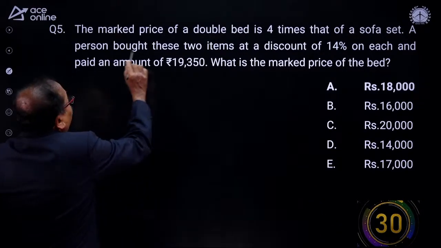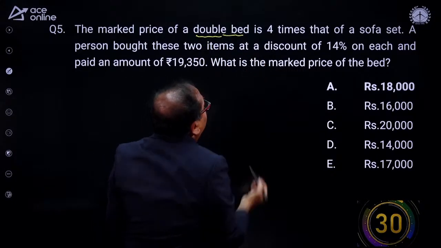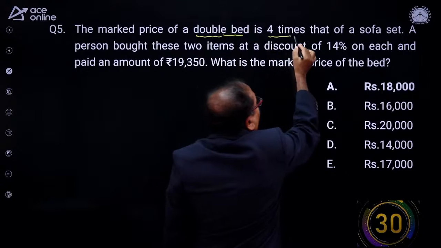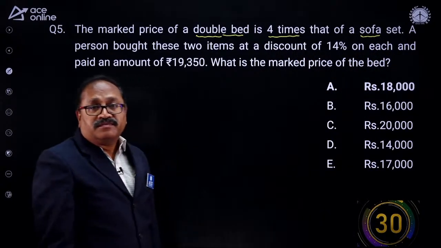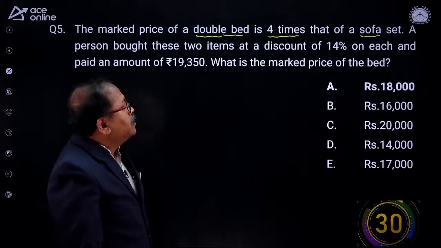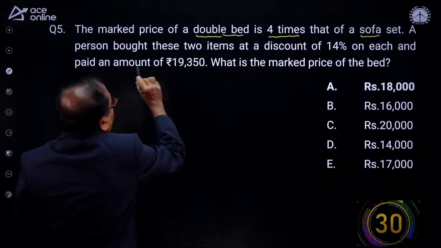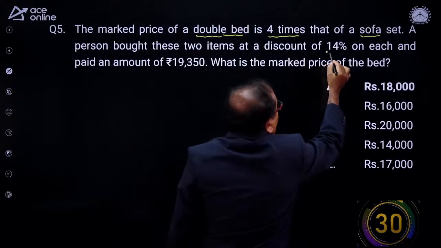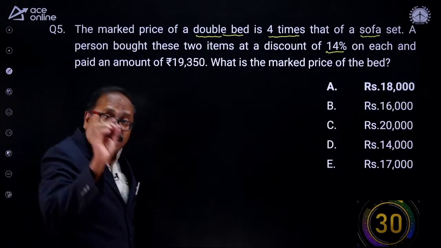So what is the question? The mark price of the double bed is 4 times that of the sofa set. 4 times. Okay? So the ratio of mark prices is given. Now a person bought these 2 items at a discount of 14% on each.